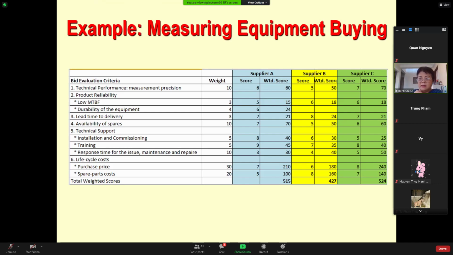In this case, can anyone tell me who is the supplier that you will select?